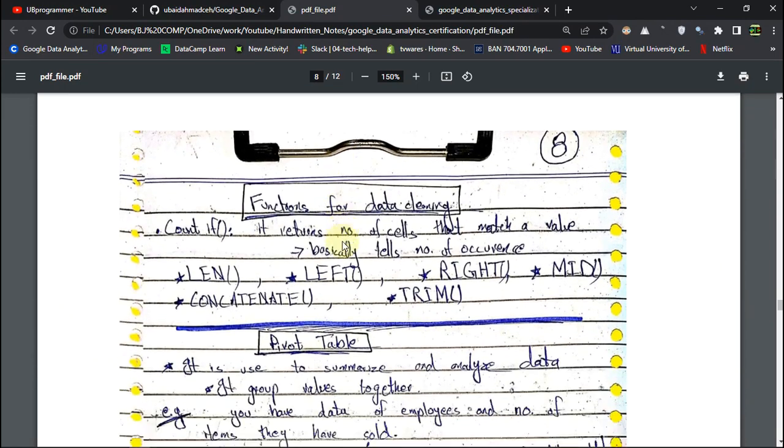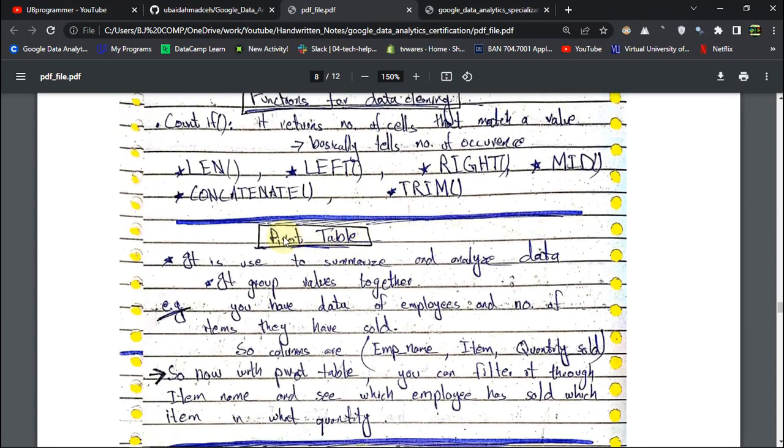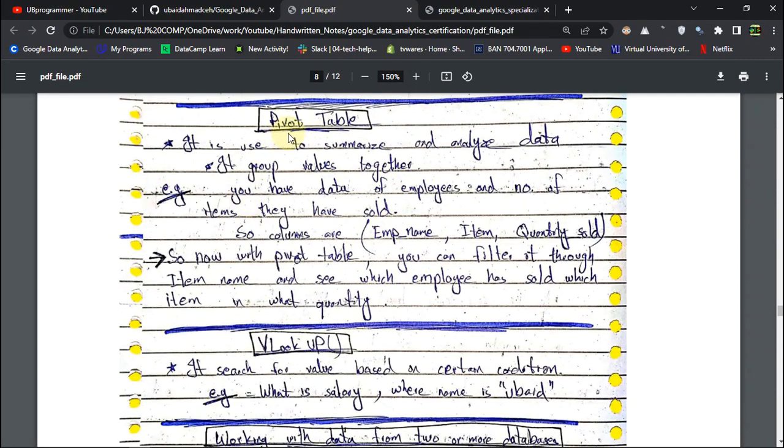And they have performed it through SQL and spreadsheets. So two tools we are using, spreadsheet and SQL. Then great explanation on the pivot table. They really focused on these concepts.